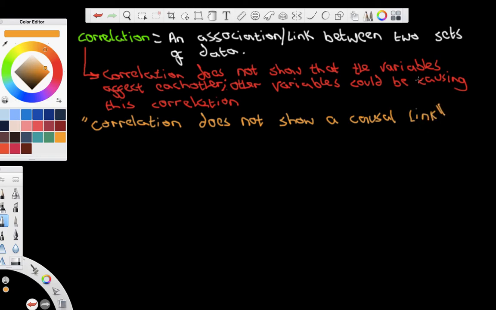At A level, traditionally, we say that correlation does not show causation. What we're saying is, just because two factors are linked doesn't mean that they are causing each other. Okay? So what's important is that we evaluate data to think about causal links.